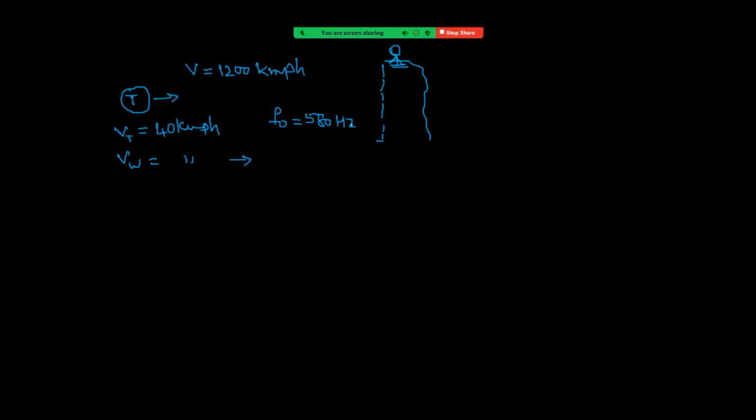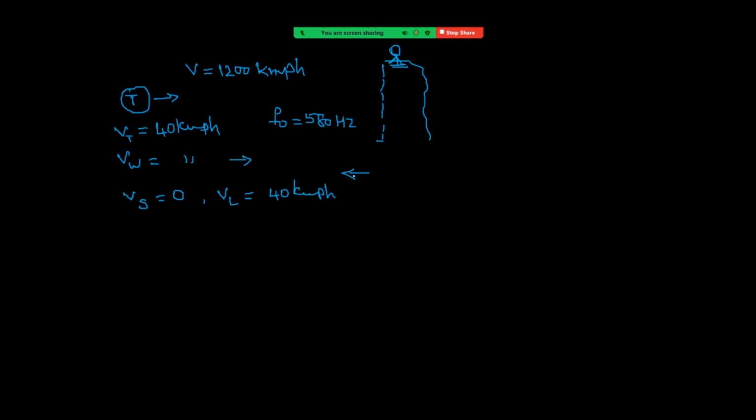So this is the given data. So we have to find the frequency observed by a listener on the hill. First of all, we calculate velocity of listener and velocity of source. We can see velocity of source with respect to wind is 0. So Vs is 0. Next, VL, velocity of listener. With respect to wind, velocity of listener is 40 kmph and direction is left side.